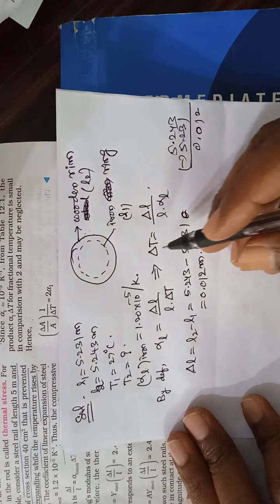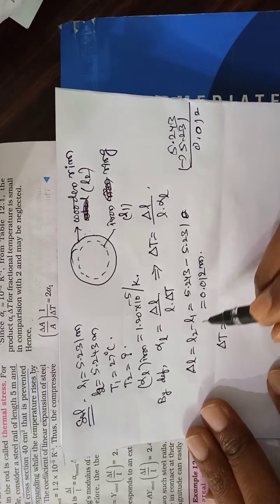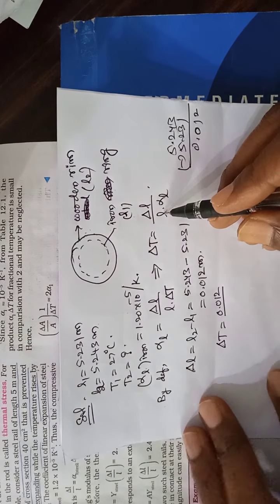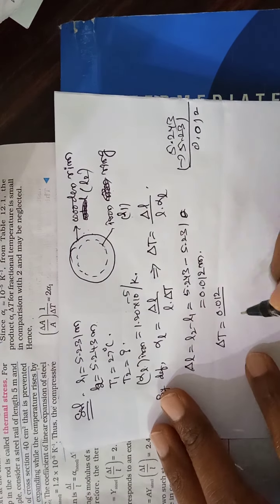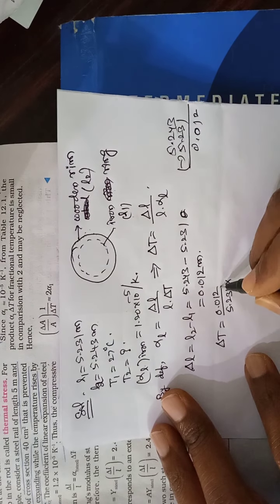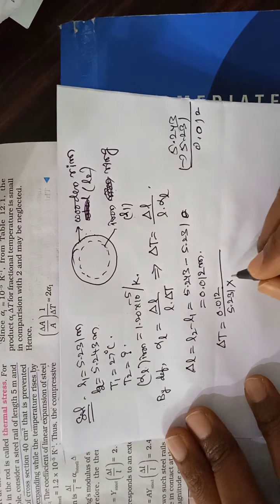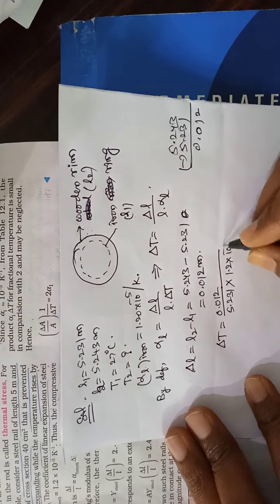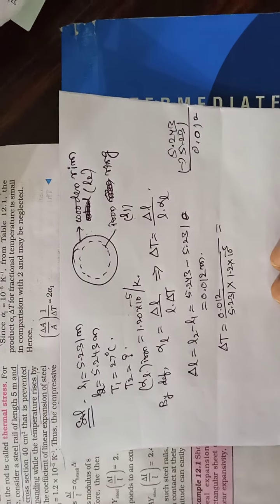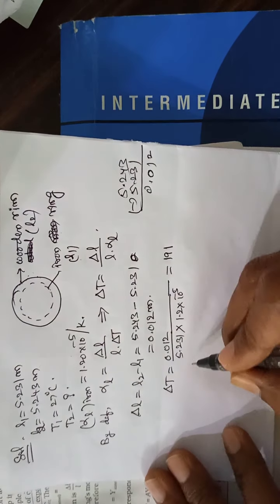Delta L over initial length 5.231 into alpha value 1.2 × 10^-5, so we get 191.